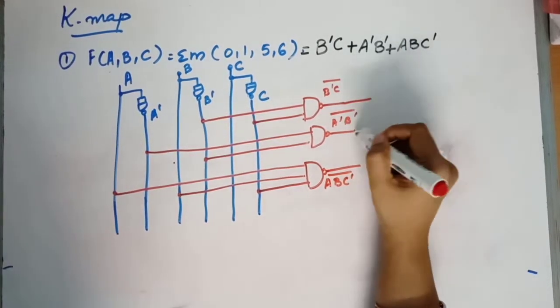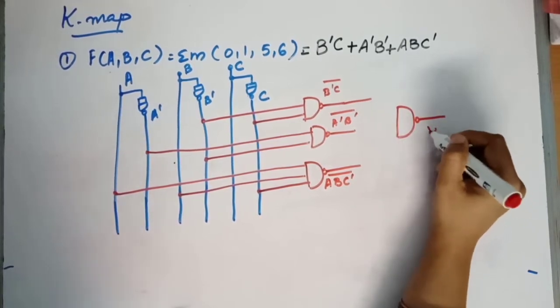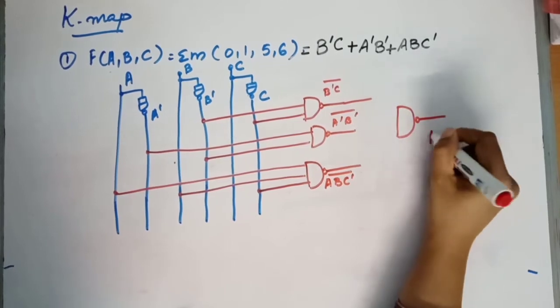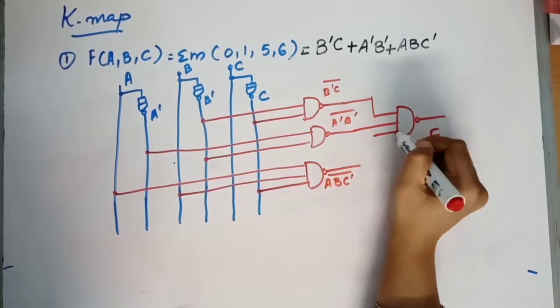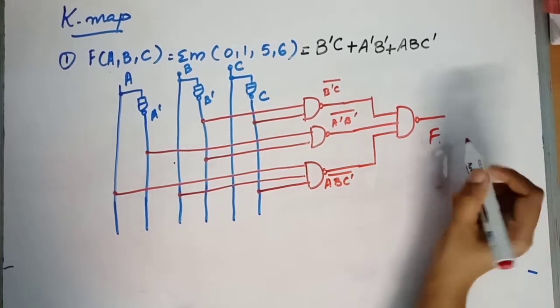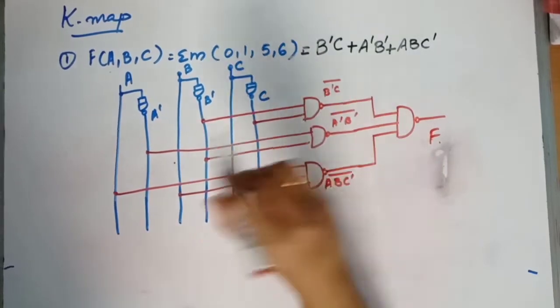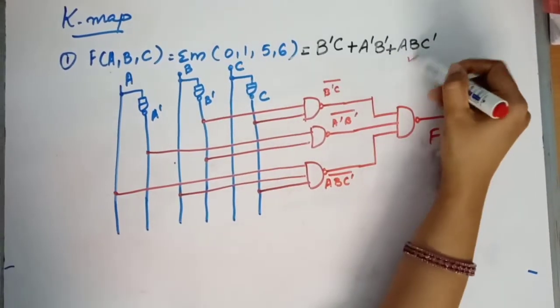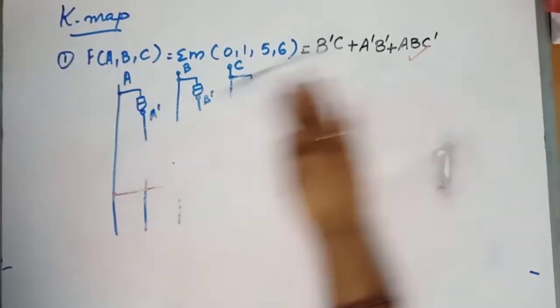Now you will connect this to another NAND gate to get the final output, which is F in this case. So F is this into this into this, the whole bar. So you will get this as the answer. So this is your final expression.